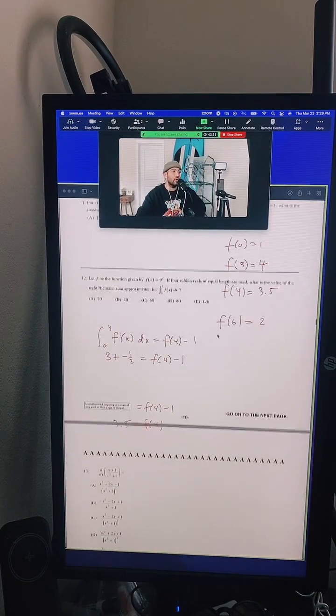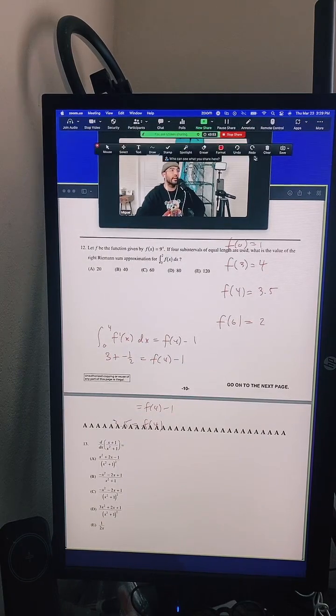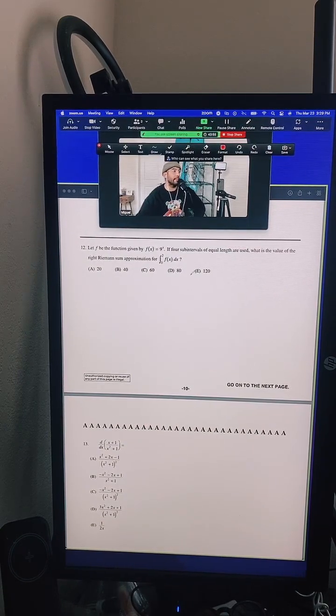So let's go to number 12. Let me go ahead and erase that. Okay, so we have a function. If 4 subintervals of equal length are used, what is the value using the right Riemann sum from 0 to 2? So we're trying to find the integral from 0 to 2 of this function.